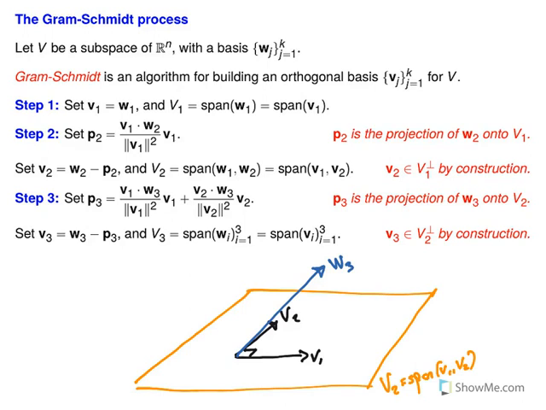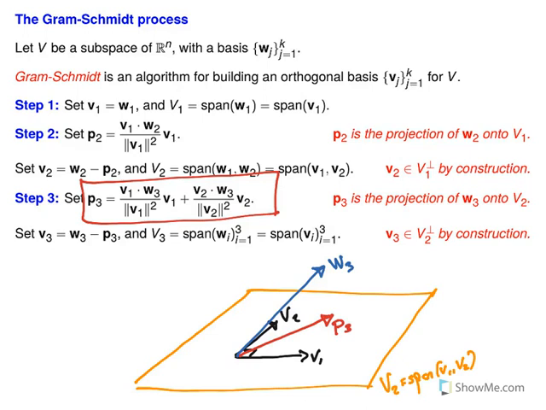Now you can probably guess what I'm going to do. I'm going to form the projection of W3. So this is my vector P3. If we look here, you see that this is precisely the definition of the projection of W3 onto the space V2.